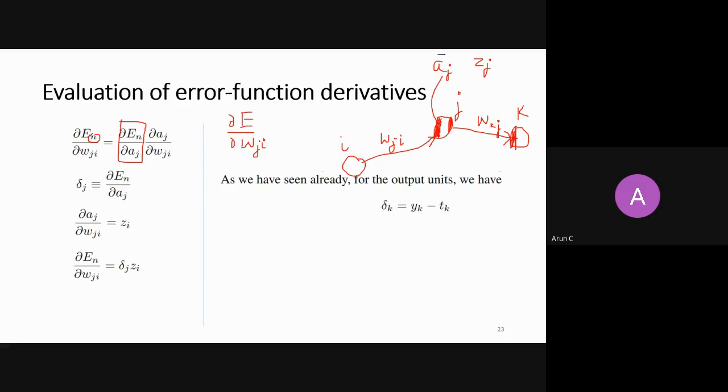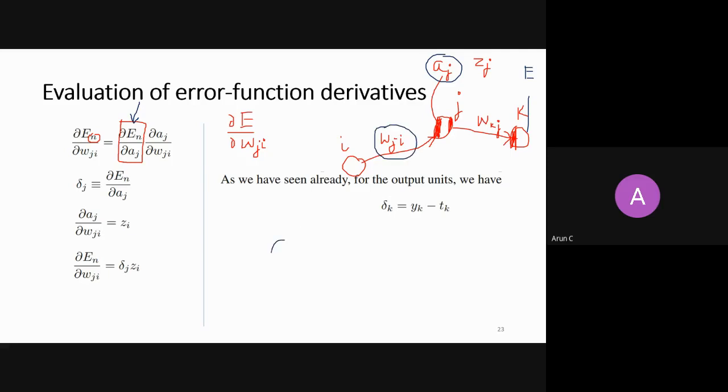This is my aj. If the error is available here, I will calculate the derivative of error with respect to aj. We'll see how to find it recursively. Let's say somehow I know this derivative, then I calculate the derivative of aj with respect to wji.